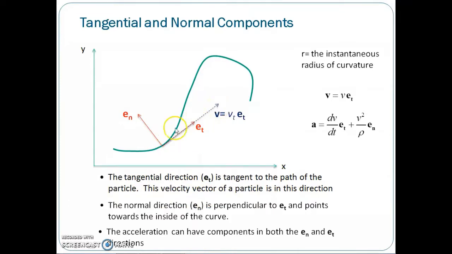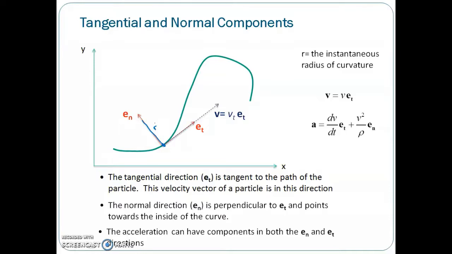The normal direction EN is perpendicular to ET and points towards the inside of the curve. The acceleration has components in both EN and ET directions. Assuming R is the instantaneous radius of curvature, this is the R at this particular point.